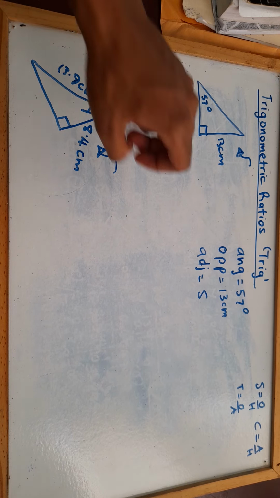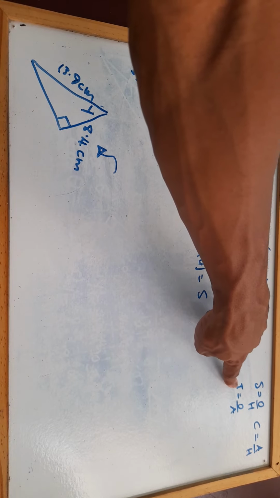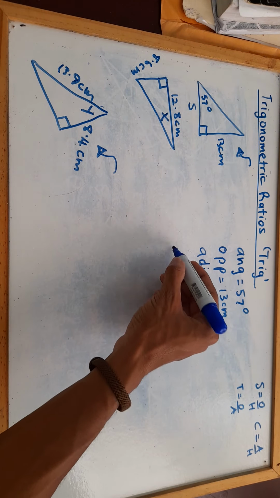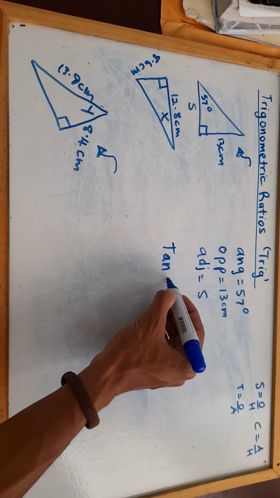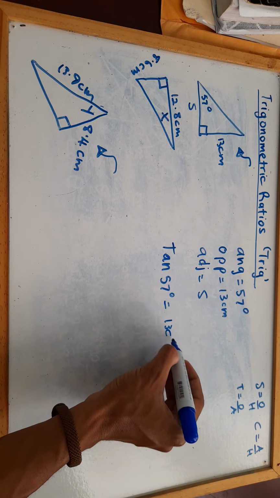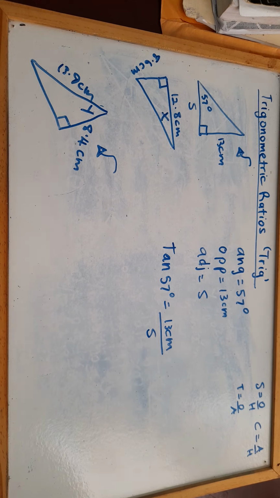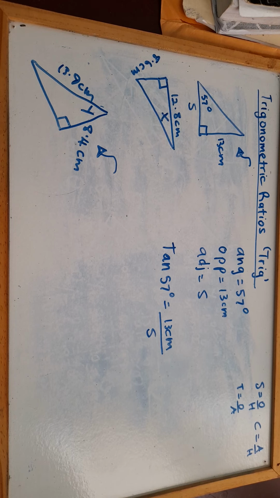Now, which ratio uses adjacent and opposite? Tan. So, the tan of our angle is equal to opposite over our adjacent side, S. Now, this again is just knowledge of solving an equation.